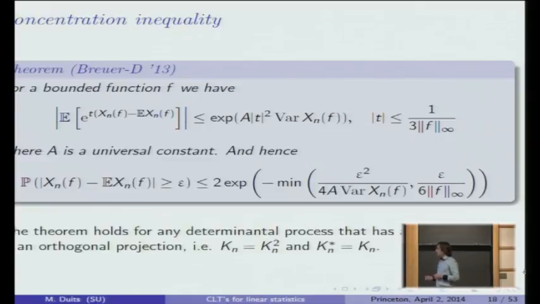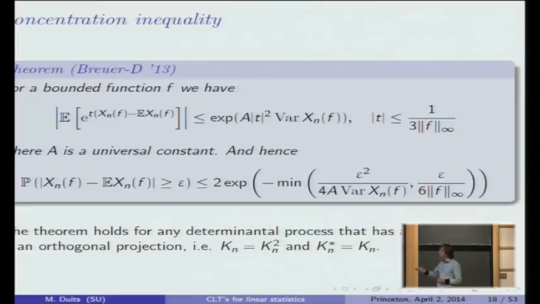And I want to say actually that we only use this now for orthogonal polynomial ensembles, but this holds for any determinantal point process with a kernel Kn that satisfies these properties. You can prove that if you have an operator that is an orthogonal projection, then there is a determinantal point process with that kernel, and that's sufficient for these two conditions, sufficient for this concentration inequality.